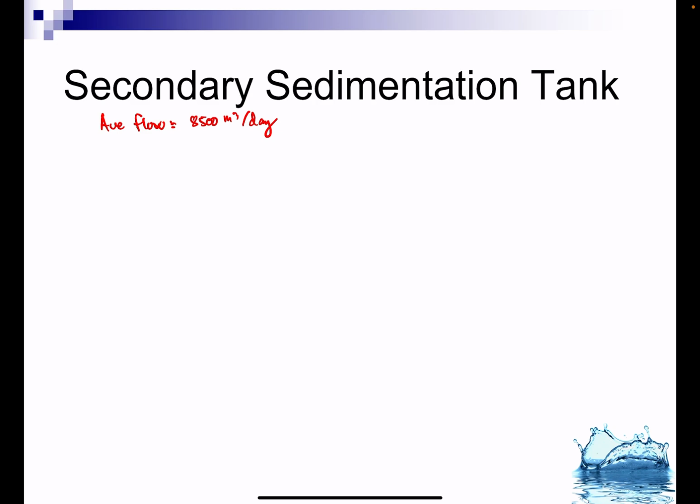The recirculated flow would always be assumed at 53%. This would all depend on your assumptions, okay? So if my recirculated flow assumption is 53%, I get 0.53 of my 8,500.